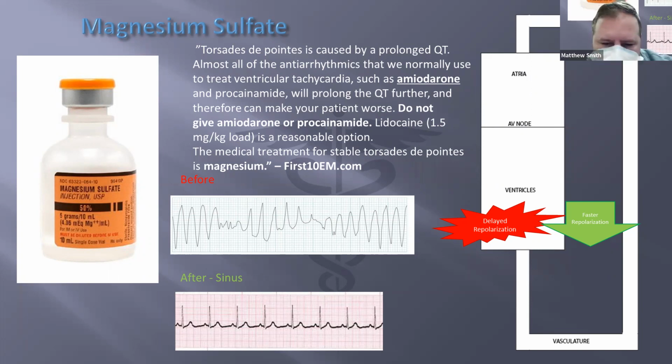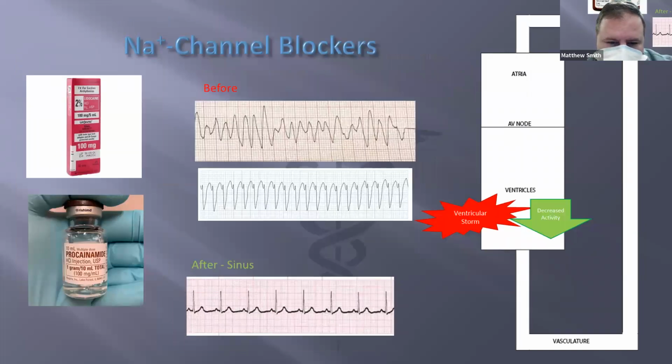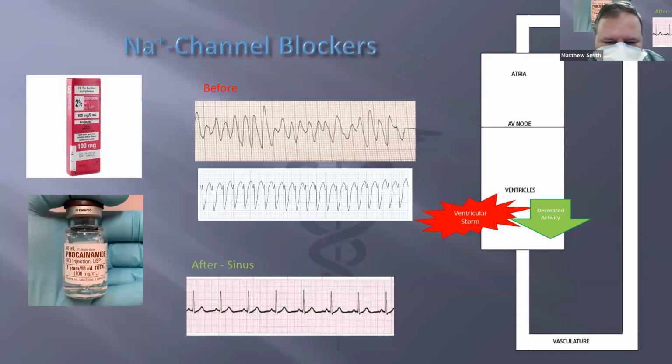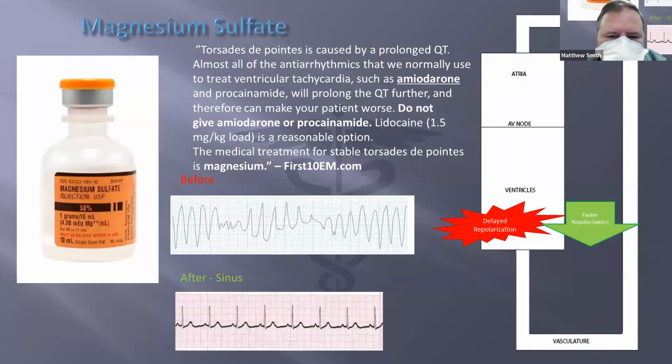So I want you to remember that lidocaine and amiodarone, especially amiodarone, less so lidocaine, both of those drugs prolong the QT further, particularly amiodarone and procainamide. Lidocaine is a reasonable option in this case, but the best option is mag sulfate.